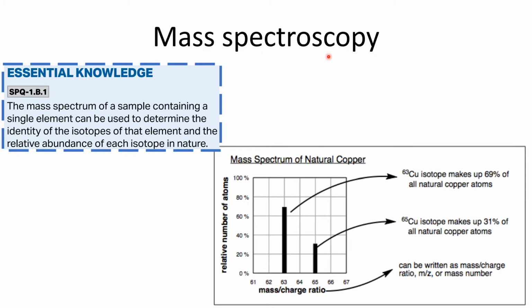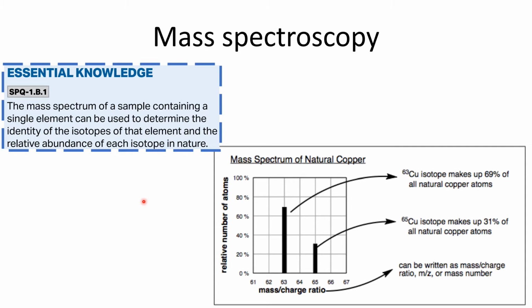Spectroscopy is a technique in which we get information about the atom, or you can say about the element. So we are getting the information about the mass numbers. The essential knowledge mentioned in the topic is that the mass spectrum of a sample containing a single element can be used to determine the identity of the isotopes of that element and the relative abundance of each isotope in nature.